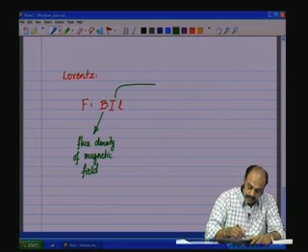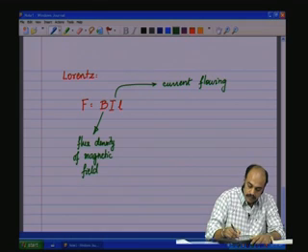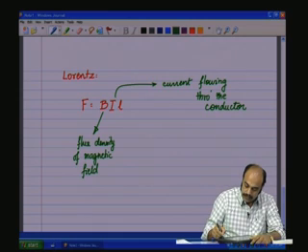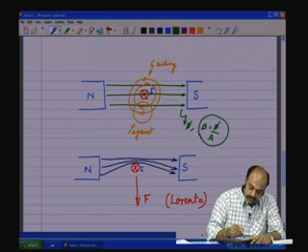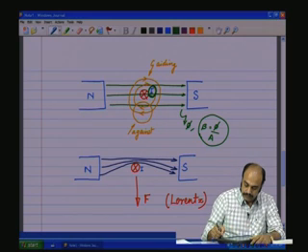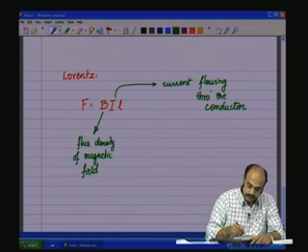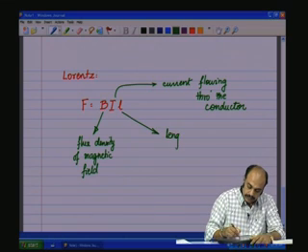And then I is the current flowing through the conductor, which in this case is this, the current flowing through the conductor, and L is the length of the conductor.